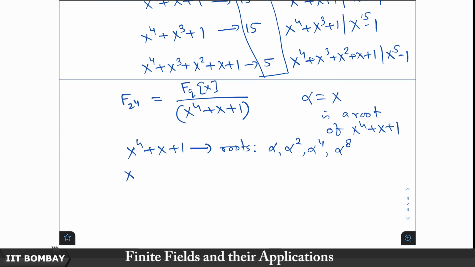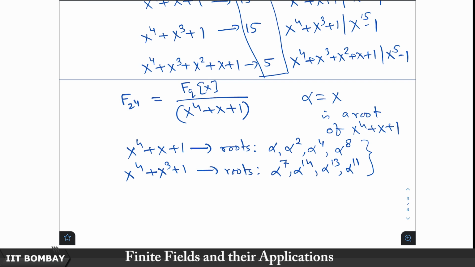Now, if we take x^4 + x^3 + 1, we will see that its roots are alpha^7, alpha^14, alpha^13 and alpha^11. And you can see that all of these are primitive elements of F_16.